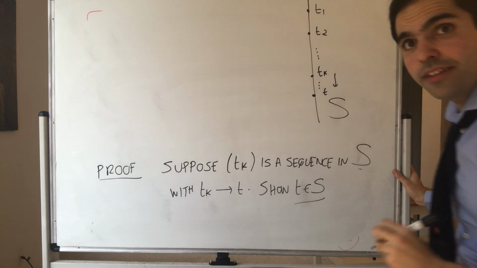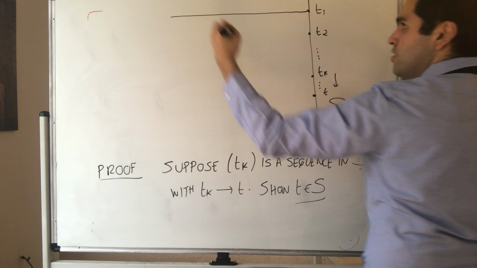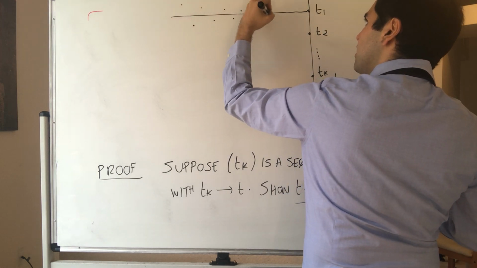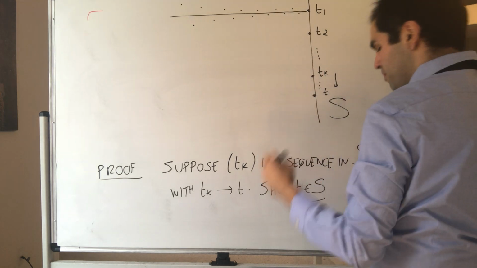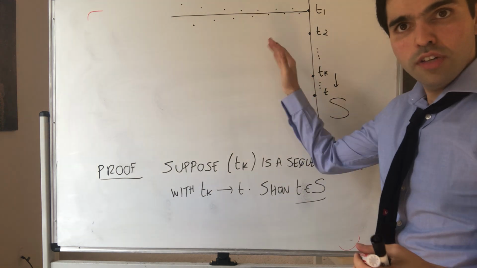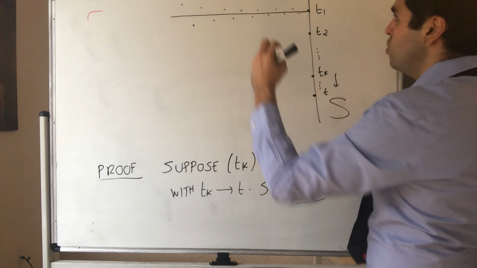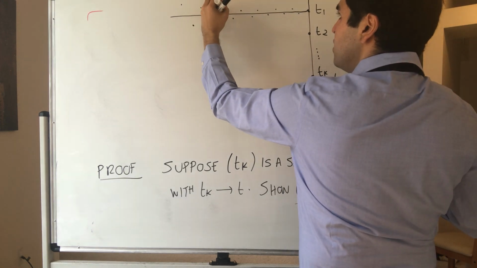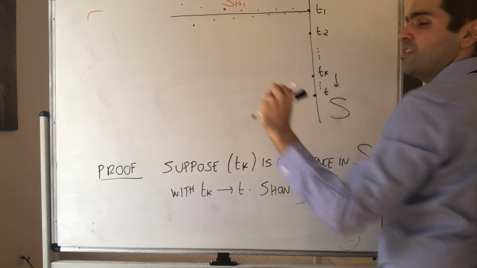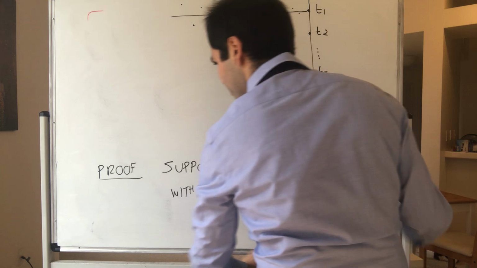Now here's the thing, T1, well, it's a limit point. So what we know is there's a subsequence that converges to T1. In particular, what this means is there's a subsequence that is as close to T1 as you want. So in particular, there is some element, let's call it Sn1, that is at most 1 close to T1.